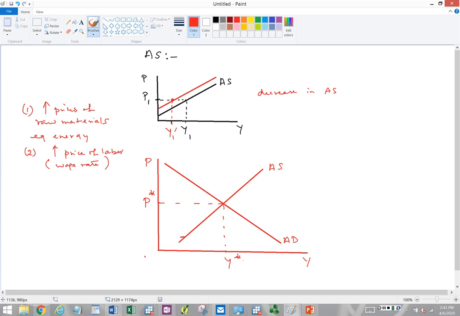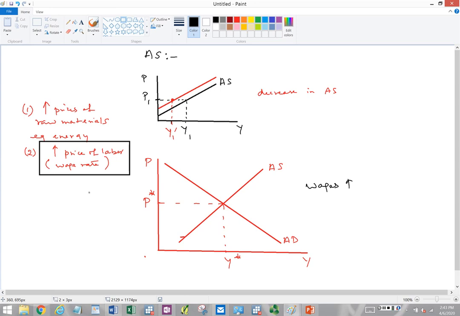Right, now the question here is this. Let's say that the country's labor unions go on strike and successfully negotiate a hike in wages. So let's say that wages go up because of union action. How will that affect this diagram? Well, we've just learned that when the price of labor rises, workers become more expensive.